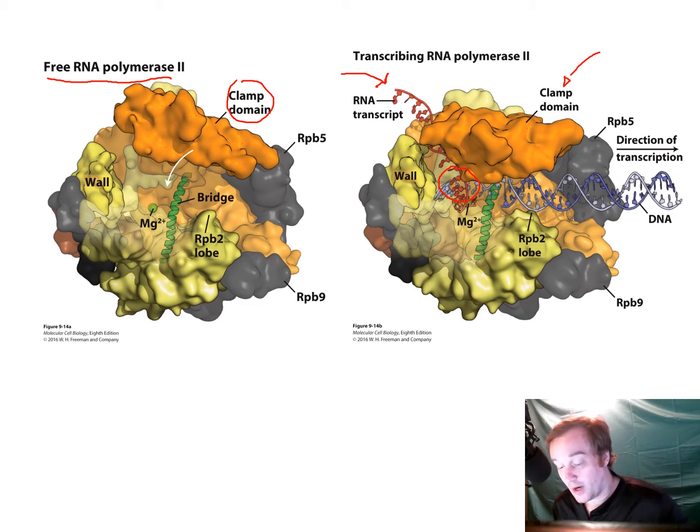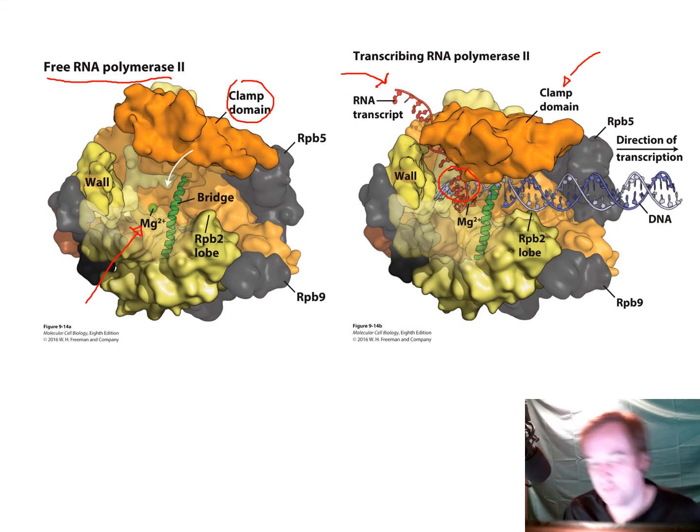So it requires that RNA is starting to be made for this clamp to remain closed. As you can also see, we have this magnesium ion in the middle here. It's covered up in the transcribing RNA image on the right-hand side, but this participates in catalyzing those phosphodiester bonds that are required for transcription.